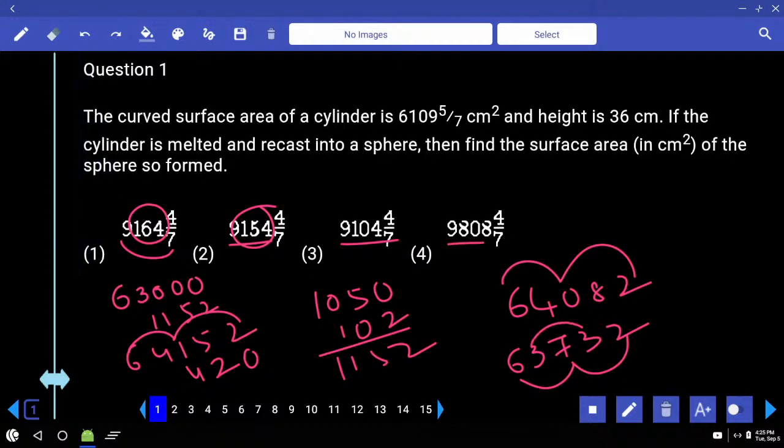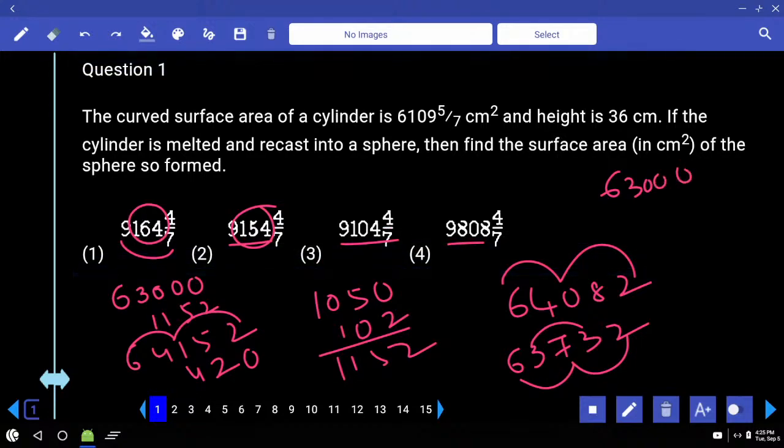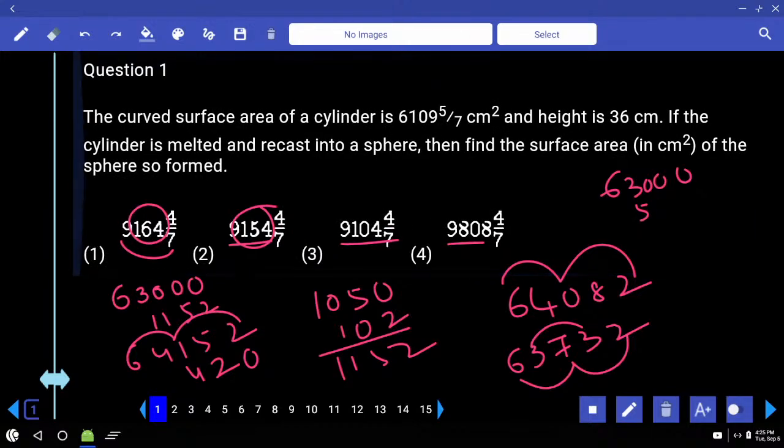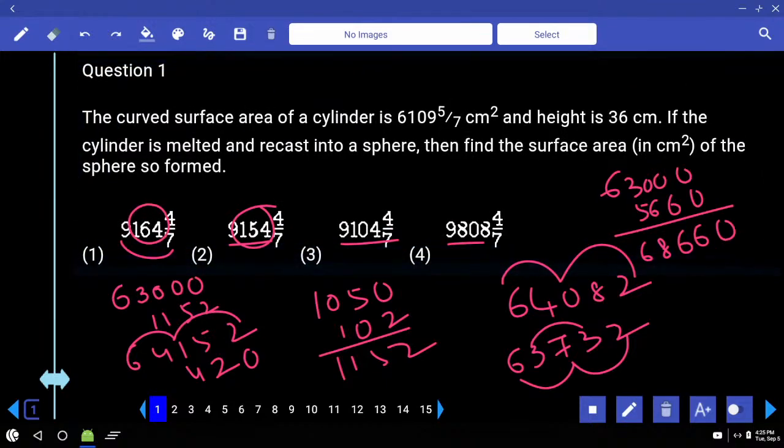What about this? This is 63,000, 5,600 plus 56, 5,660, isn't it? That is 68660, not 11 multiple. Option 1 is the correct answer.